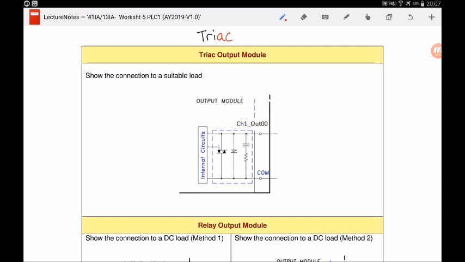AC means it's like our AC power source, 230 volts. AC means alternating current. And a light bulb can also be an AC load. I'm using an AC light bulb, so I connect this to the AC power supply.